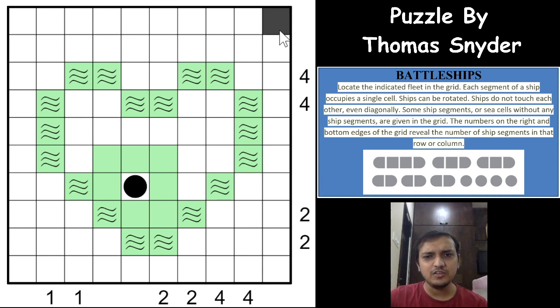If a cell is a ship segment, I will just mark it with a gray cell here, and we can later on mark the shape of the ship after coming to it surely, whether it is a 3 cell ship or a 4 cell ship, right?